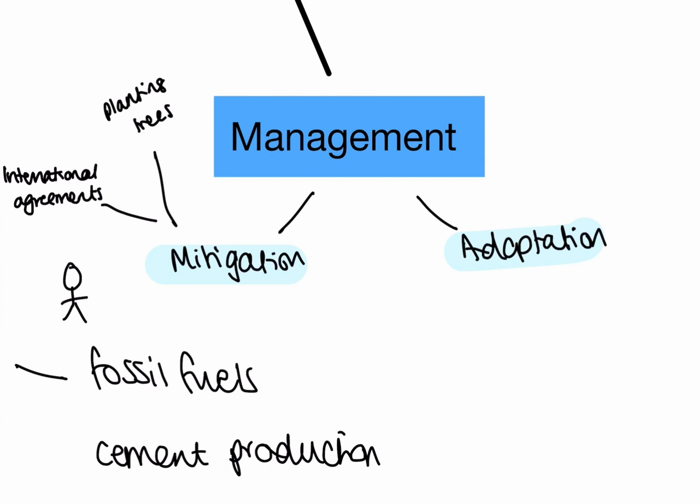COP26 would be another example there. So carbon capture we could put on here as well. I'm going to run out of space, I think, so let's put that one at the top there. Carbon capture and storage is storing those CO2 emissions from things like power stations.